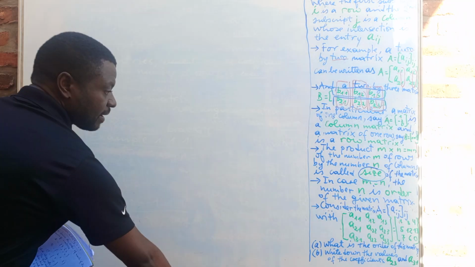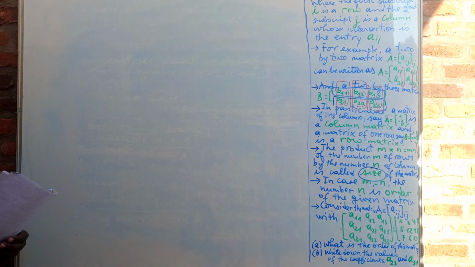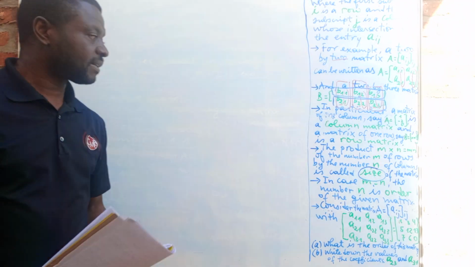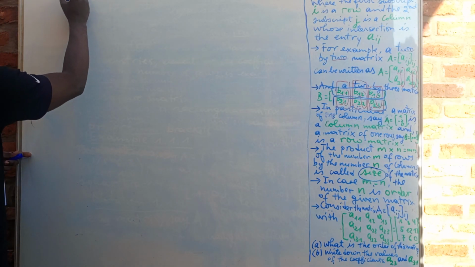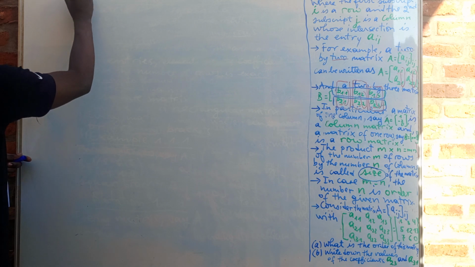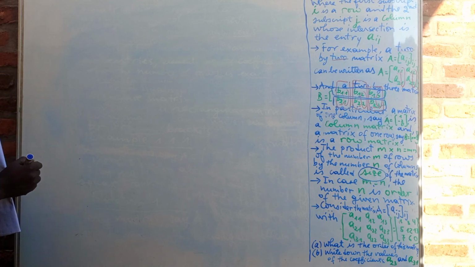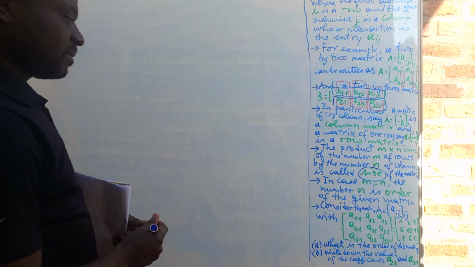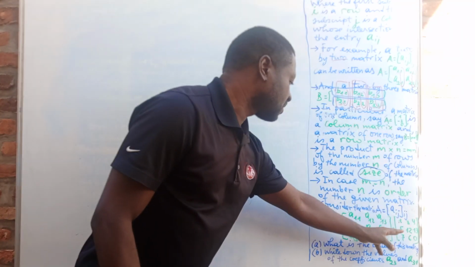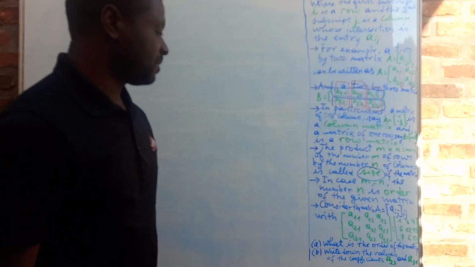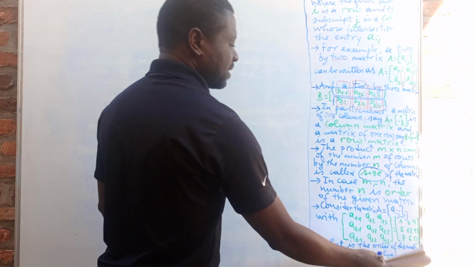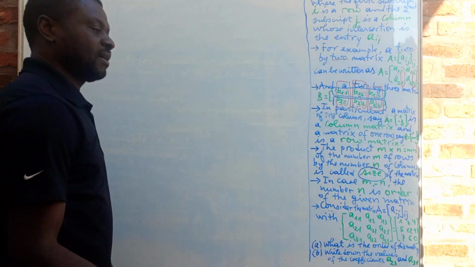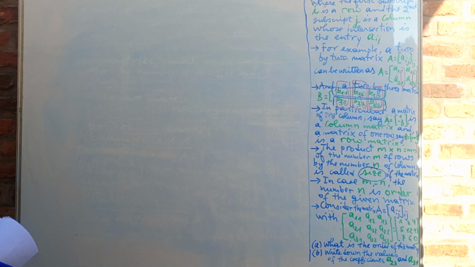So we are first going to answer question A. What is the order of this matrix? This is a square matrix, which means that the order is the number of rows as well as the number of columns, because they are both equal.